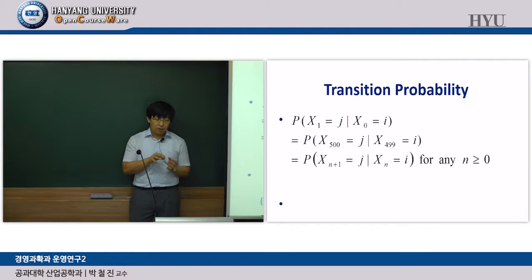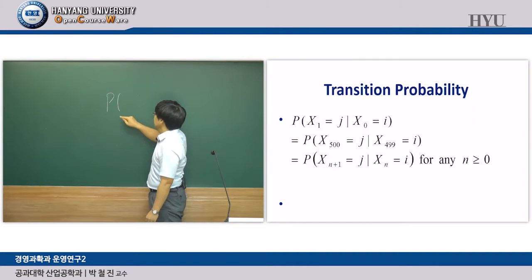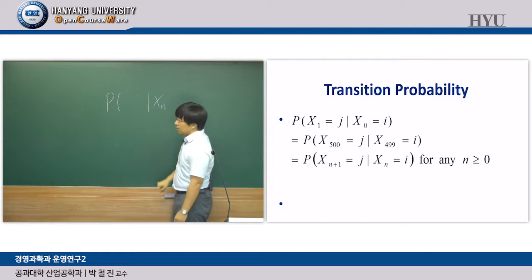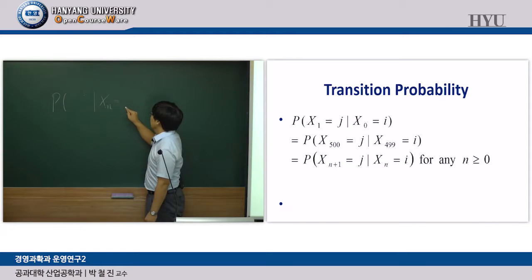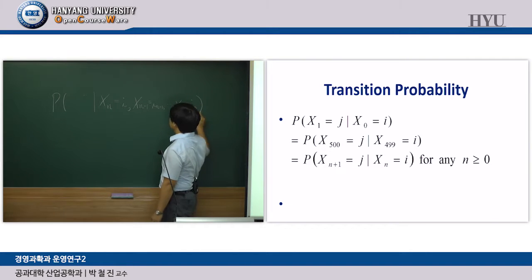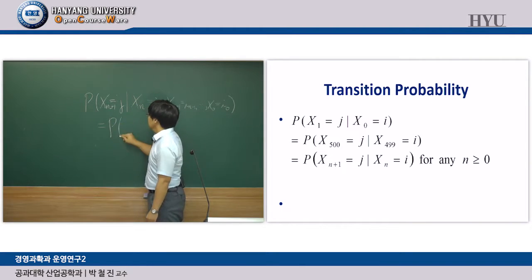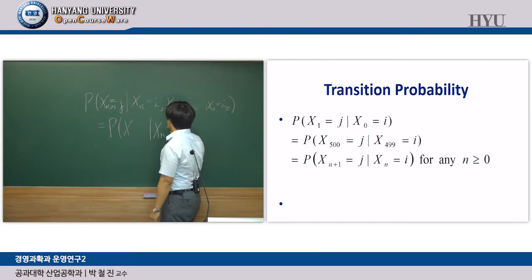As I said before, when we calculate the conditional probability, given that the current time index is n, X_n equals i, X_{n-1} equals i_{n-1}, up to X_0 equals i_0, the probability that the state one time after equals j is the same as the probability that X_{n+1} is j given that X_n equals i.